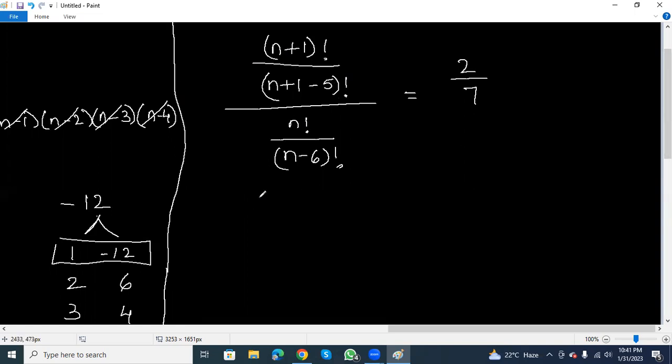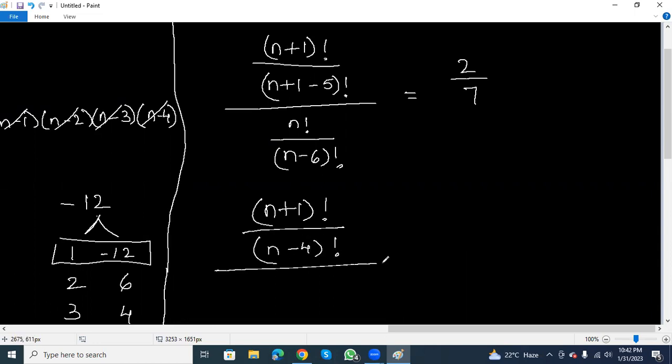So n plus 1 factorial by n minus 4 factorial, divided by n factorial by n minus 6 factorial. See, a fraction under one more fraction is there. What can we write?